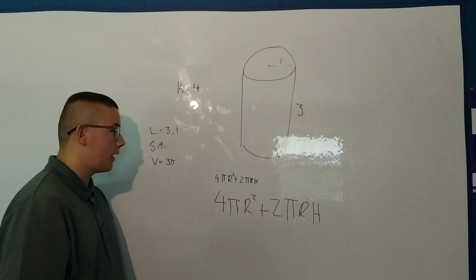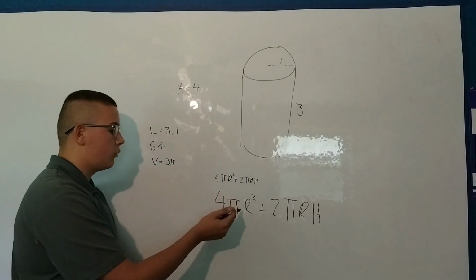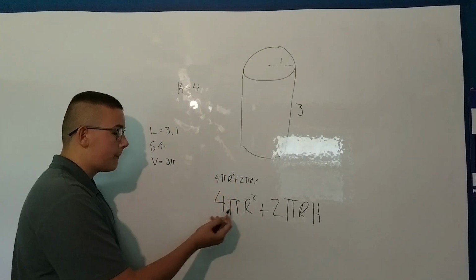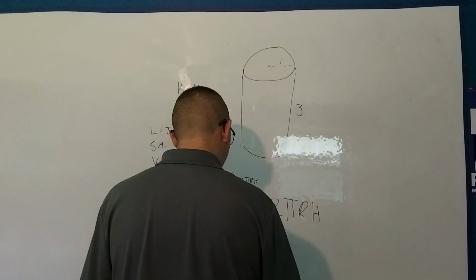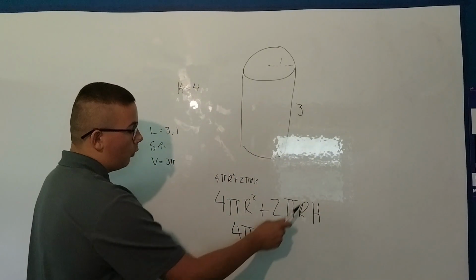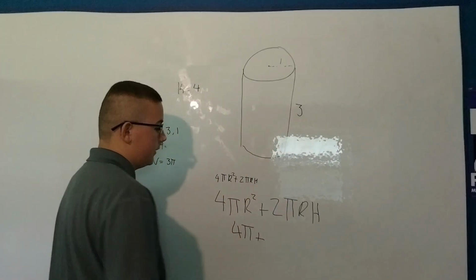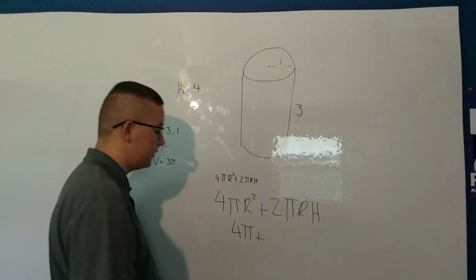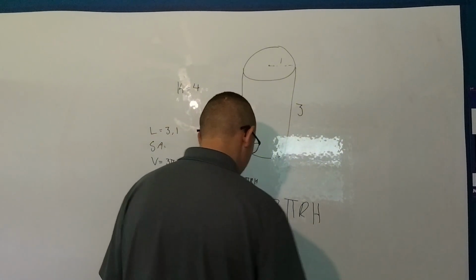So if we plug everything in here, we get 4 pi times 1 squared is 1. So we get 4 pi, 4 pi plus 2 pi 1 height. So the r cancels again, and we get height equals 3. 3 times 2 is 6, plus 6 pi, like that.